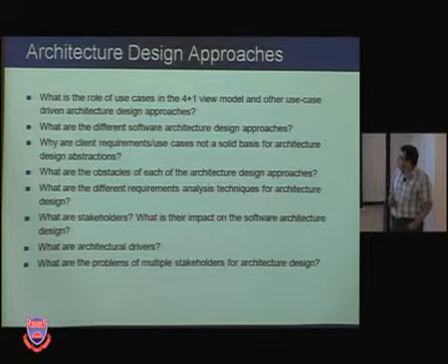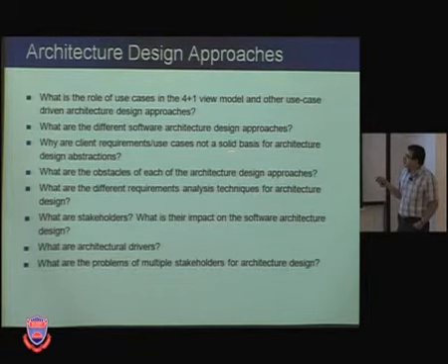What are different software architecture design approaches? We have seen different methods. Why are client requirements and use cases not a solid base for architecture design abstractions? You should know that by now. What are the obstacles of the architecture design approaches? What are different requirements and analysis techniques for architecture design?